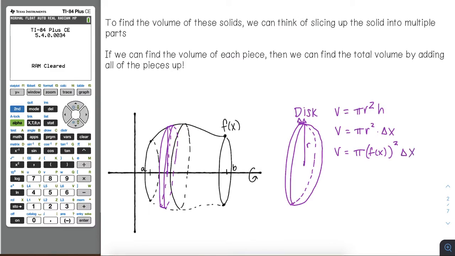Now, as we let these discs get thinner and thinner, as we take more and more slices along this A to B interval, delta x is getting much, much smaller.